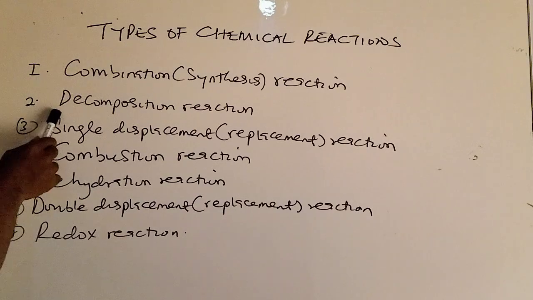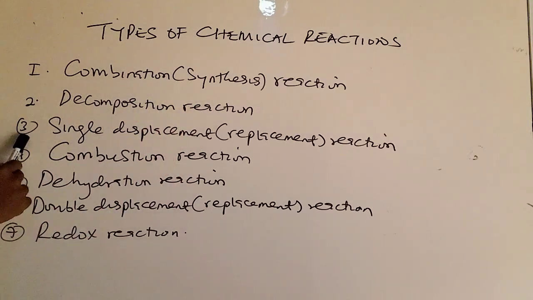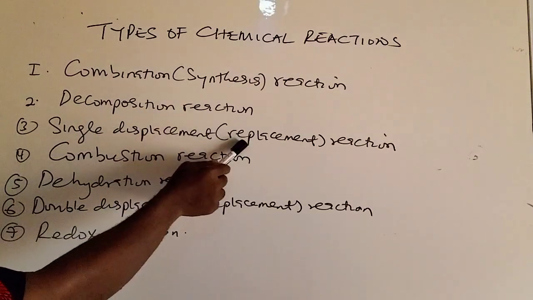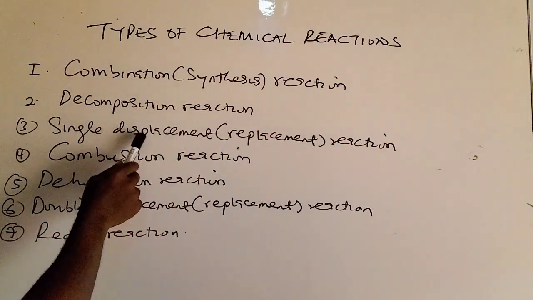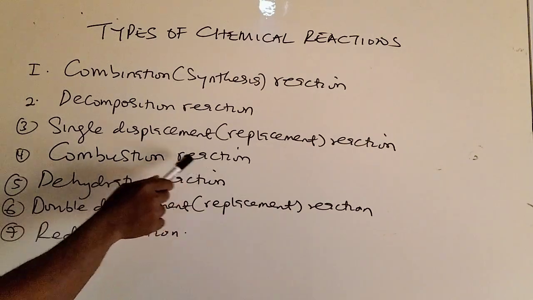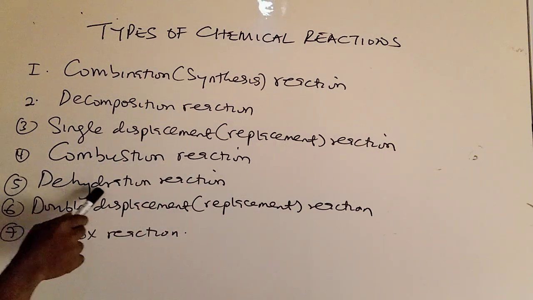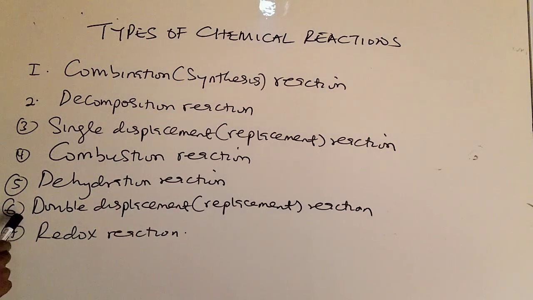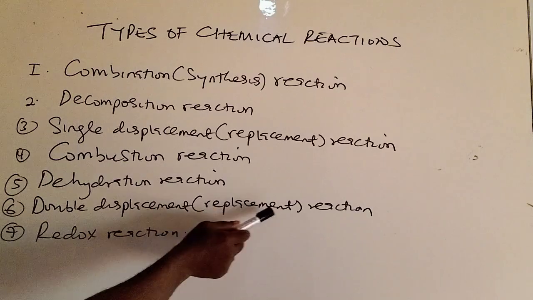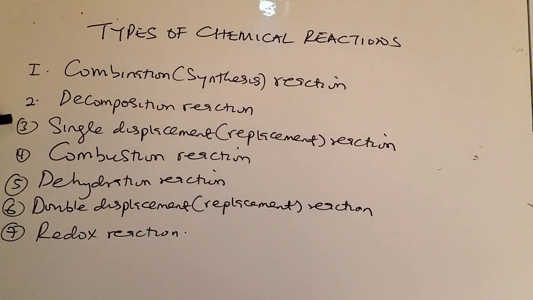Number 2, decomposition reaction; number 3, single displacement or single replacement reaction. So either you call it displacement or replacement. Number 4, combustion reaction. Number 5, dehydration reaction. Number 6, double displacement or double replacement reaction. So look at number 3 and number 6.